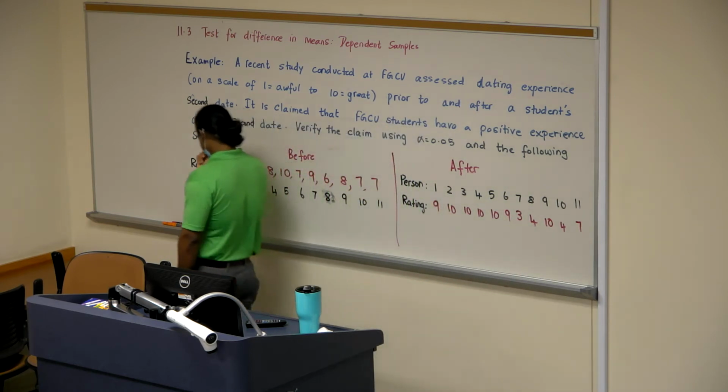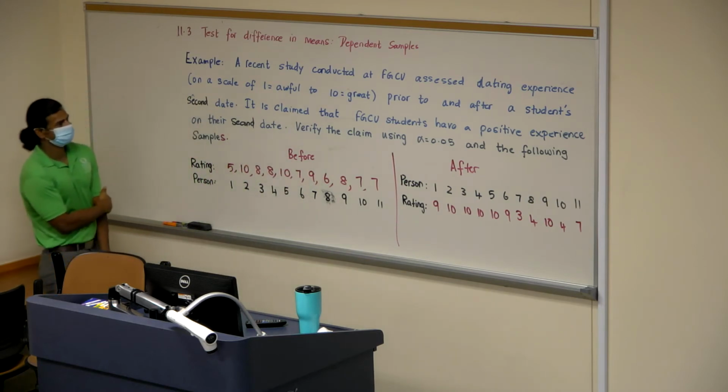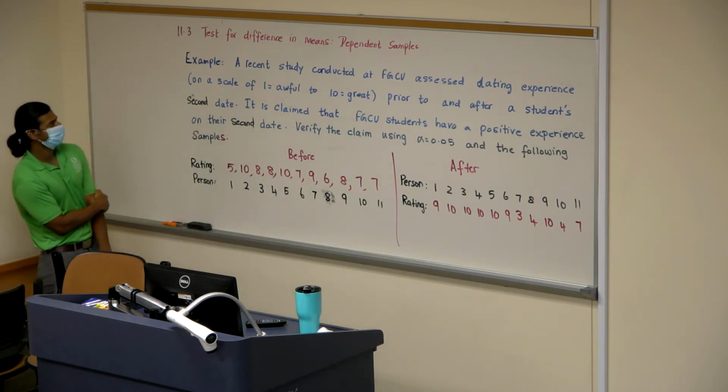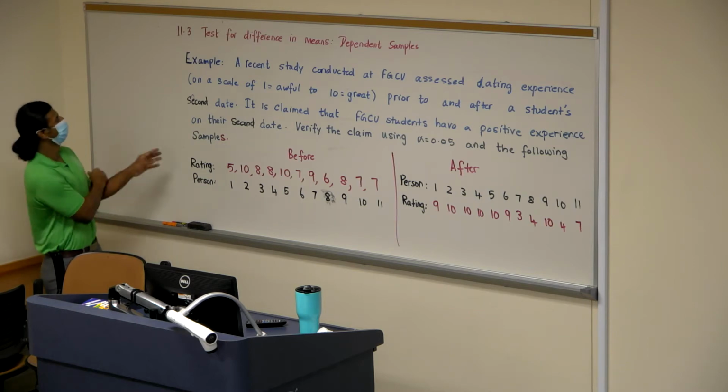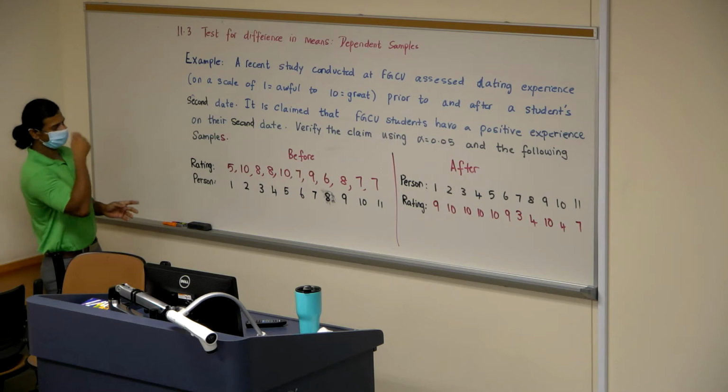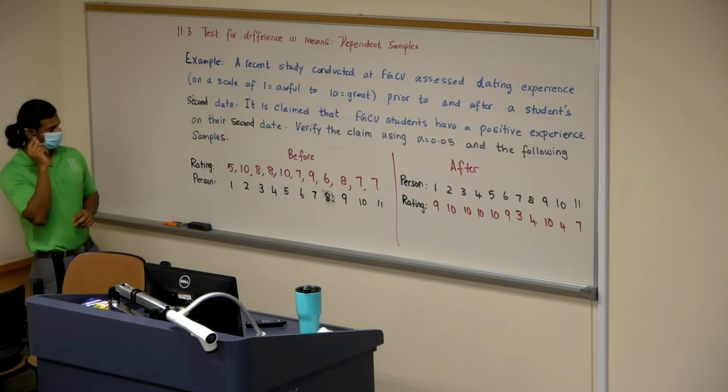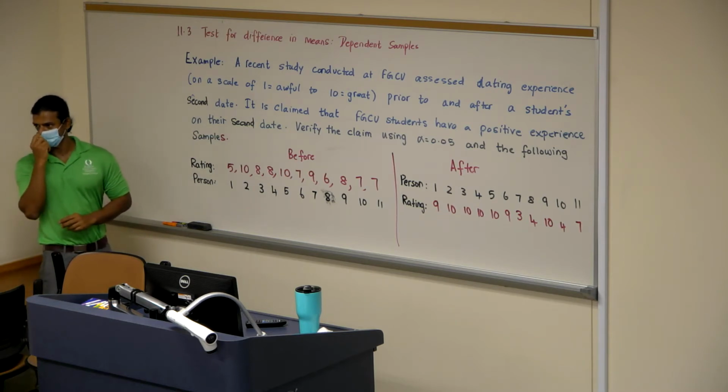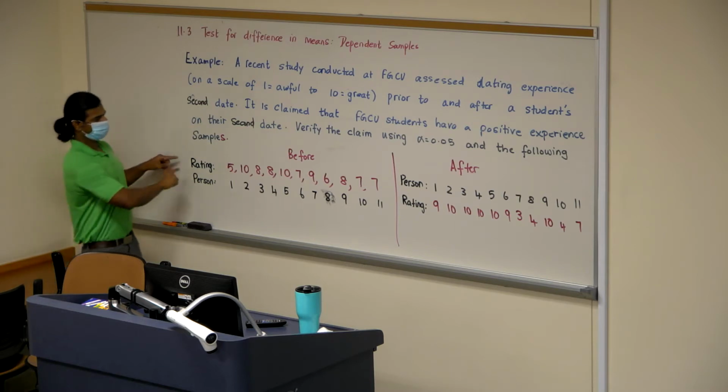So we conduct a study. We're going to assess dating experience. 1 is awful, 10 is great. We made that initial assessment based on the first day. So we want to see what happens the second day to Monday. Can you read the ratings across for the after, because I can't see it.